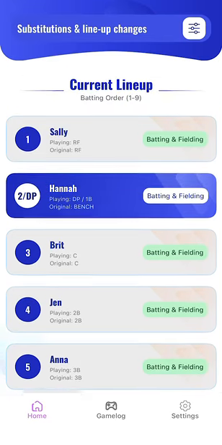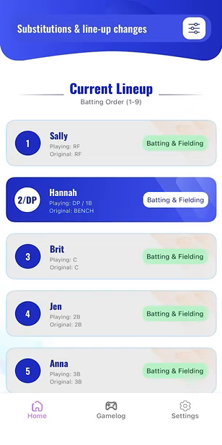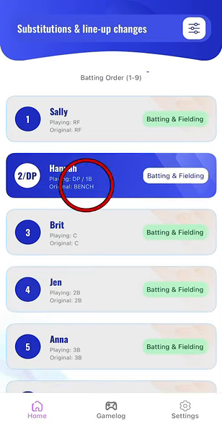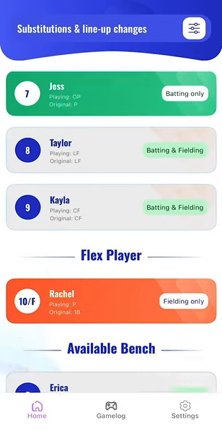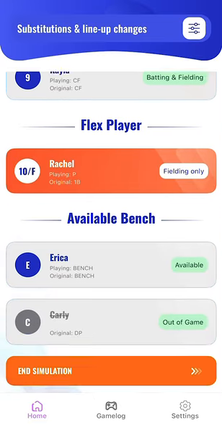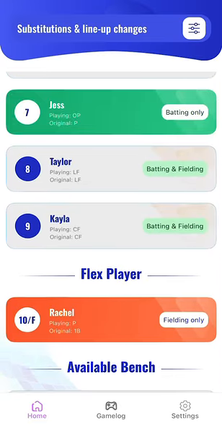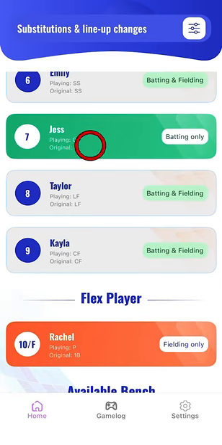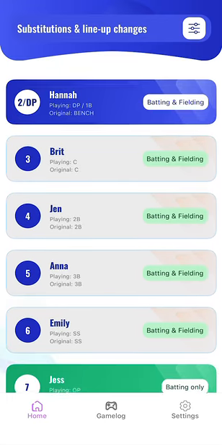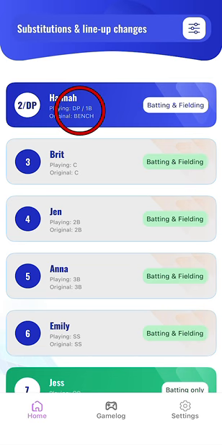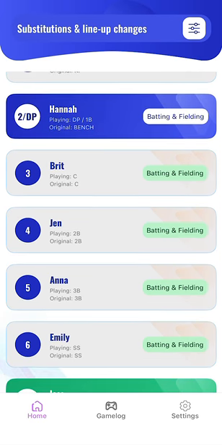And then remember, we also have relief pitcher Rachel, who's a good batter, can bat still in this 2 spot. So if it's later in the game and we want to hit Rachel, and again, we still have Jess batting as well, then we can put Rachel into this 2 spot still. So we're going to do that.